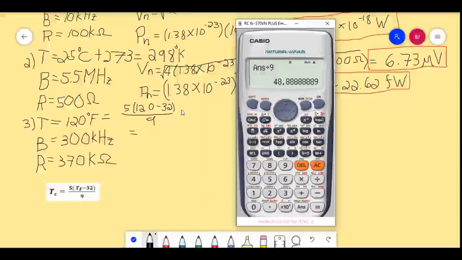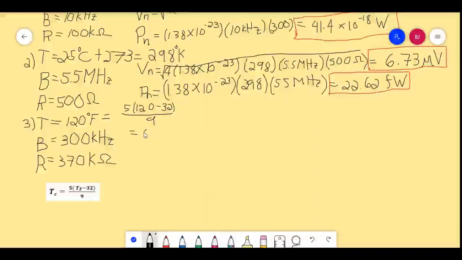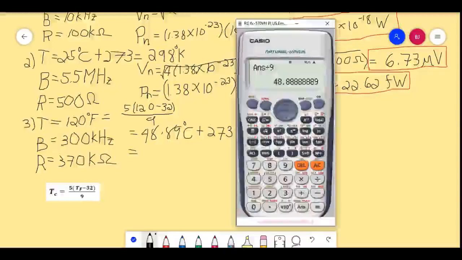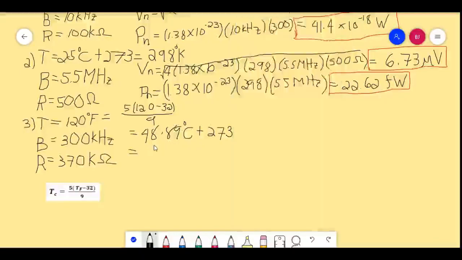Again, this is just in Celsius. And then if you want to convert it into Kelvin, we have to add 273. So that would give us 321.89 degrees Kelvin.